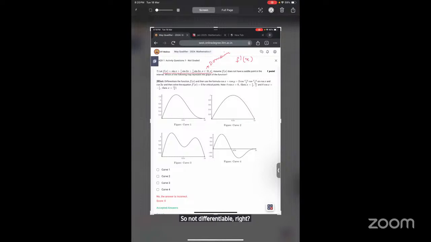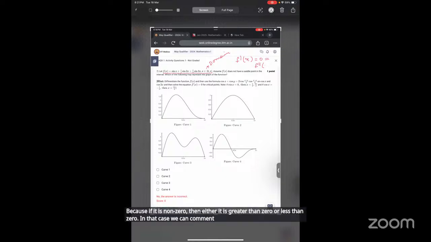No, no, it will be differentiable, and f dash x will be 0 because a saddle point is a critical point, and f double dash will also be 0, right? Because if it is non-zero, either greater than 0 or less than 0, in that case we can comment whether it is a maxima or minima, right? So if it is a saddle point, then the only option we have is that f double dash will be 0.